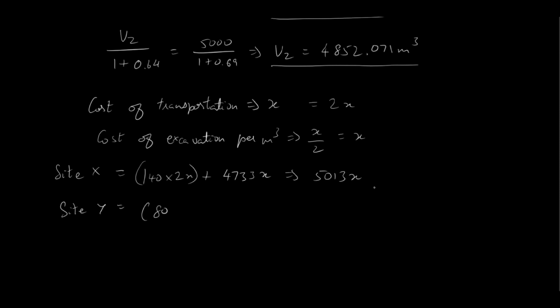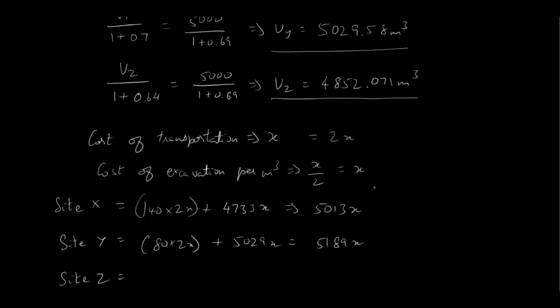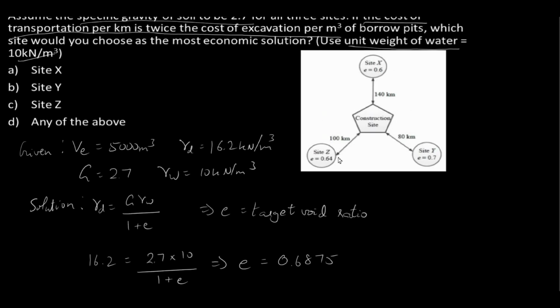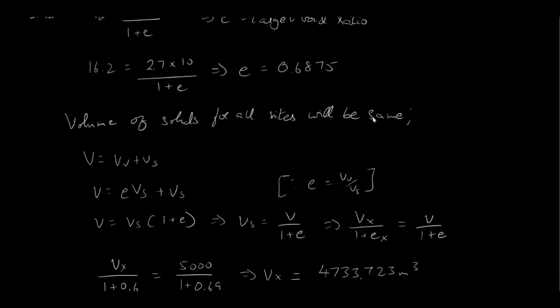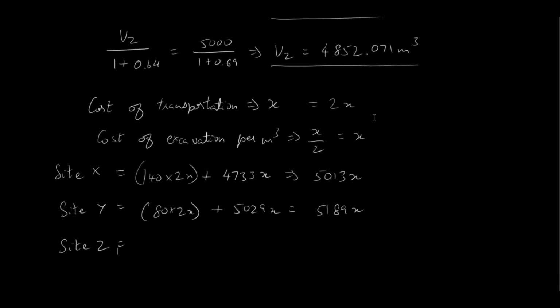So 80 into 2x plus 5029x will be equal to 5029 plus 160, 5189x, and the same for site Z. Distance from site Z to construction site is 100 kilometer, and the volume of excavation, so 100 into 2x plus volume of excavation, it is 4852x.